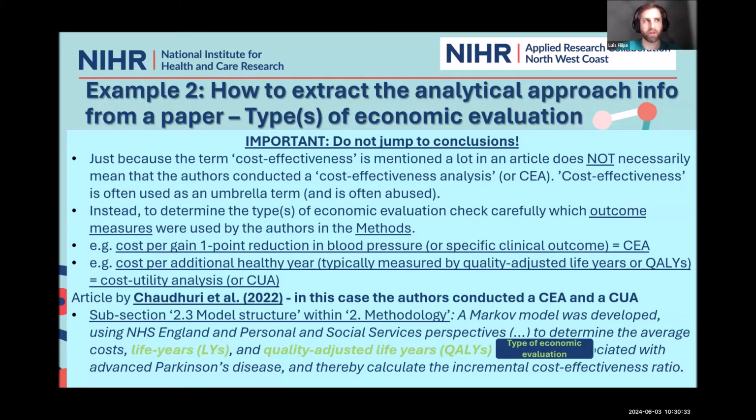Imagine that you have a new drug and you can compute, like I said, a discrete choice experiment. It's a little bit technical, but basically you can infer how much people would be willing to pay for a certain drug, and you use that willingness to pay as your benefit part, and then because it's in monetary values, you are going to have a cost benefit analysis.